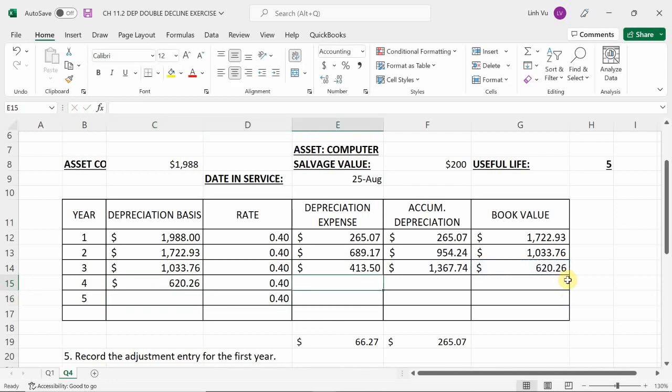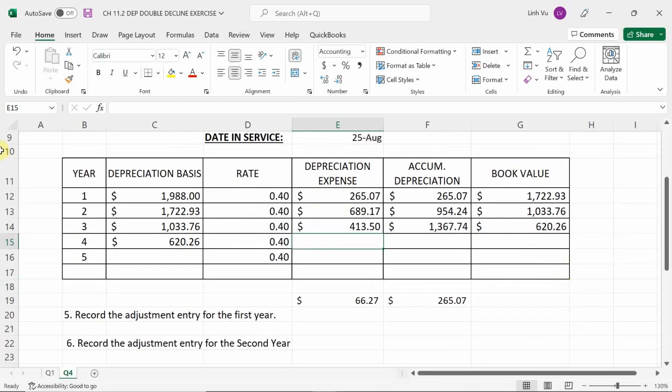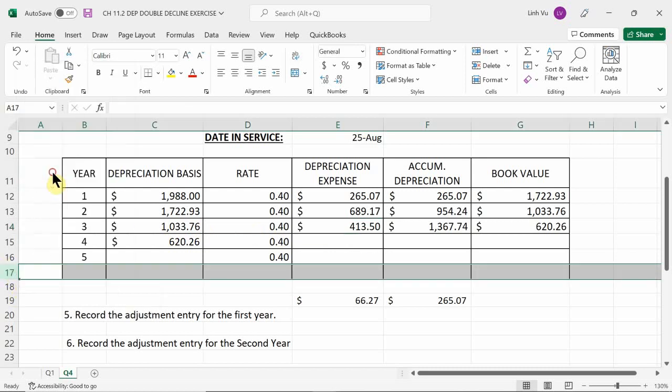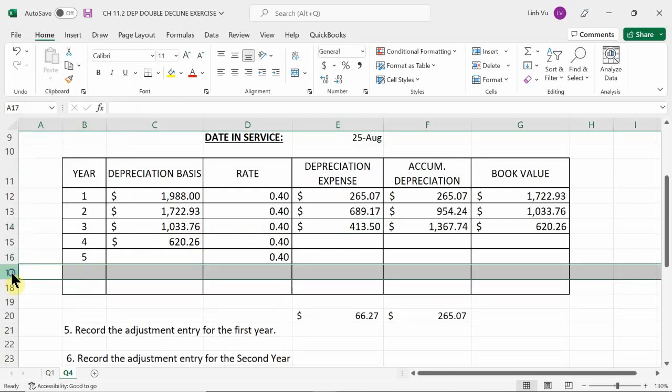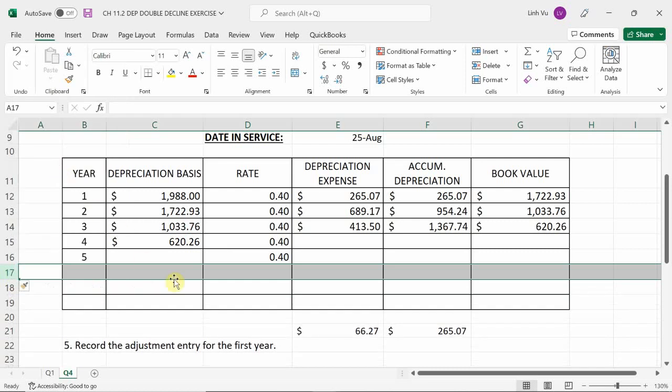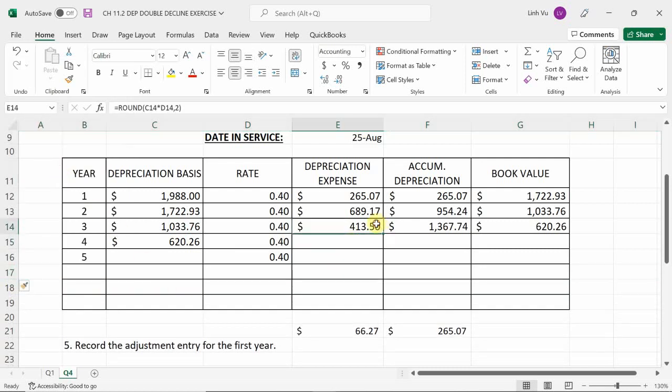So my depreciation expense is going to be $248.10. Good.